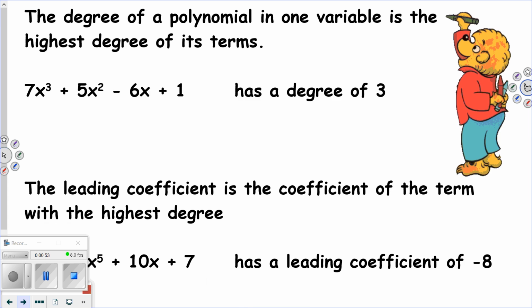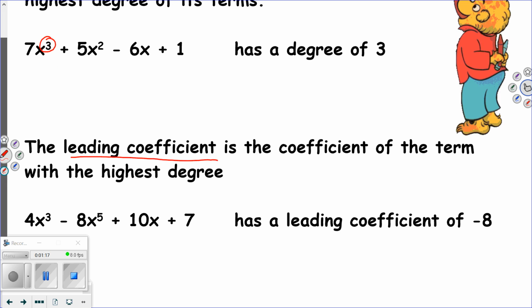All right, so the degree of a polynomial in one variable, everything we deal with is in one variable, is the highest degree of its terms. So this example, the highest exponent that you see is a 3, so it has a degree of 3. So whatever the highest one is. And then the leading coefficient is the coefficient of the term with the highest degree.